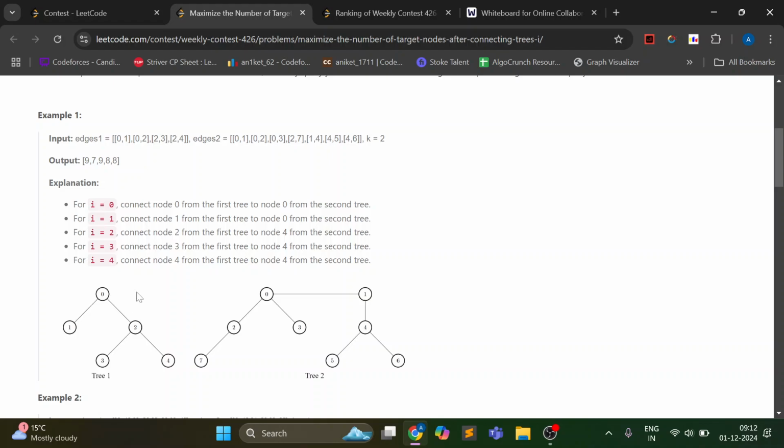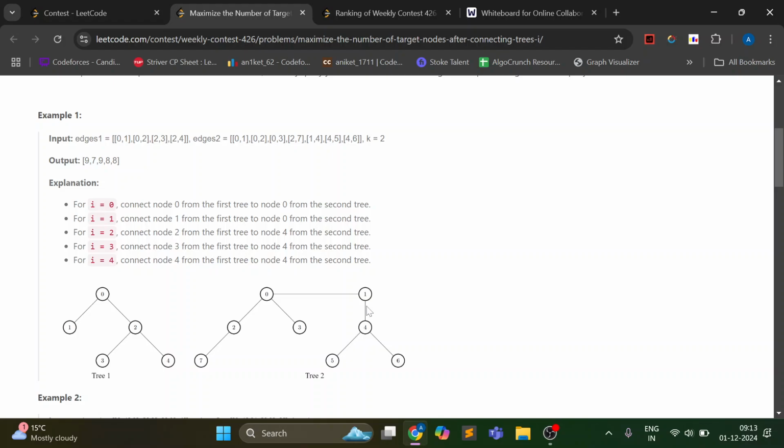Now if we connect this 0 to second tree's 0, then what would be the contribution of the second tree? It would be 4. How can that be? So 0 of the second tree to 0 of the first tree, 2 of the second tree to 0 of the first tree, that has 2 edges. 3 to 0 again 2 edges, 1 to 0 again 2 edges. 7, 4, 5, 6 would have the number of edges to node 0 of the first tree greater than or equal to 3. 4 has 3, 5 and 6 have 4, 7 has 3.